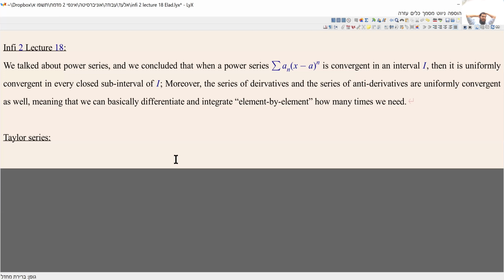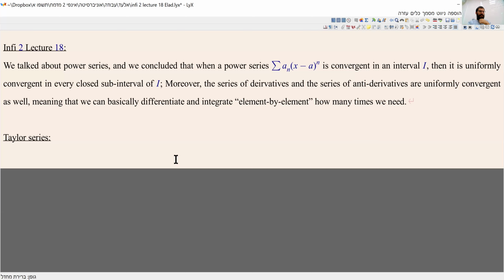And as I already mentioned when we finished lecture number 17, what we mainly did when we talked about the connection between a function on one side and the power series on the other side is use the fact that the power series equals some function to calculate sums.